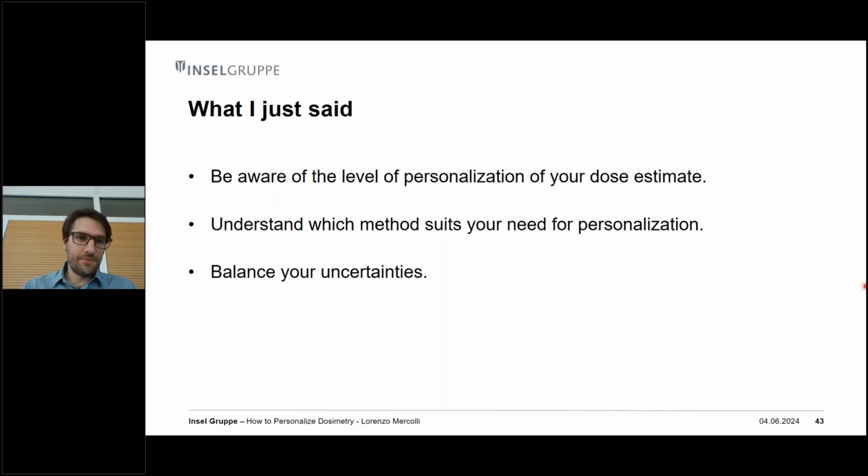And ideally, all the uncertainties that enter your dose estimate should balance each other out. And I showed you a nice example where the uncertainties of the SPECT resolution balance out the semi-Monte Carlo algorithm, the uncertainties that we have there by separating the photon from the electron transport.